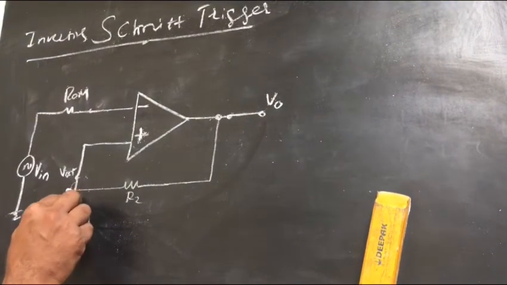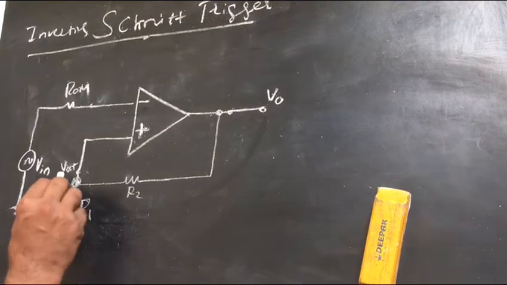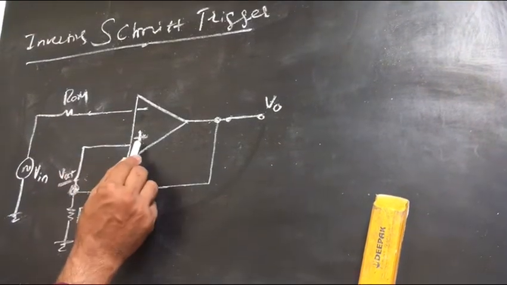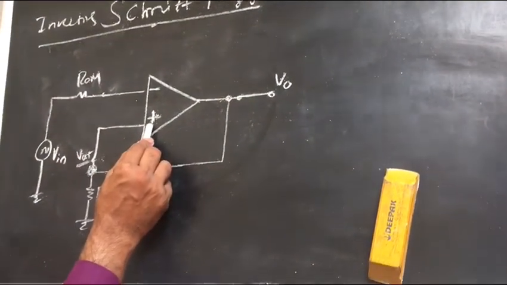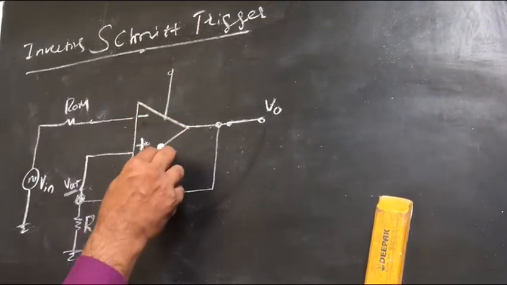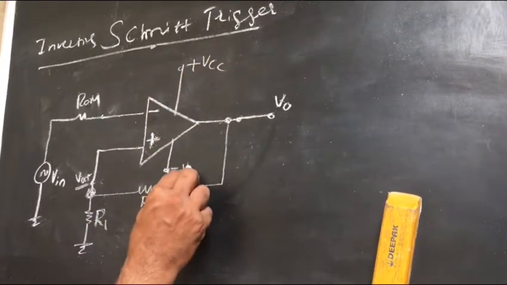Students, the voltage across the resistance R1 is called V reference, and this V reference is given to the positive terminal or non-inverting terminal of the op-amp. Op-amps work under two power supplies, plus VCC and minus VEE.